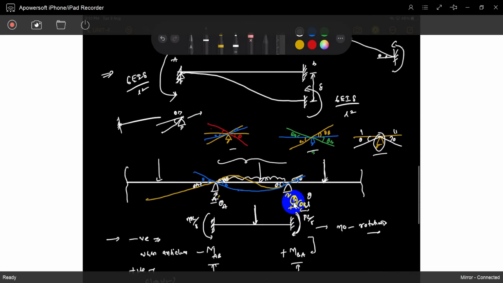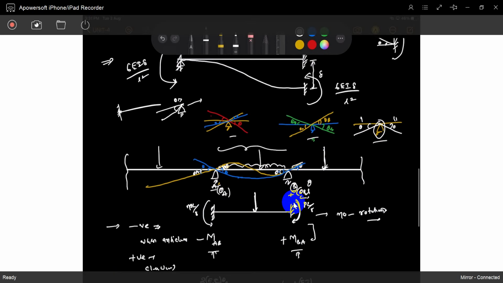The same thing: joint A also experiences some theta A. Maybe it is 0 or something, we don't know. So joint A experiences theta A based on some different loadings.